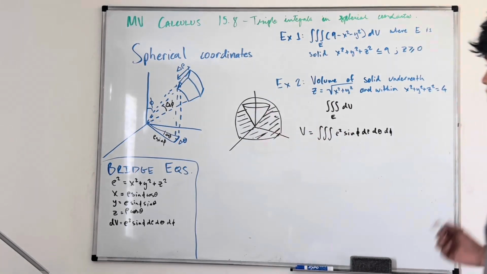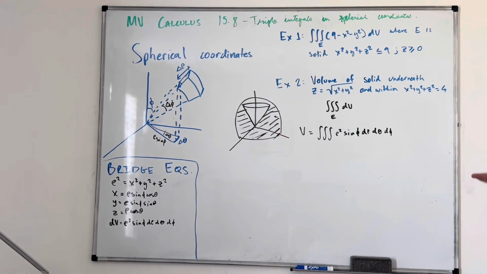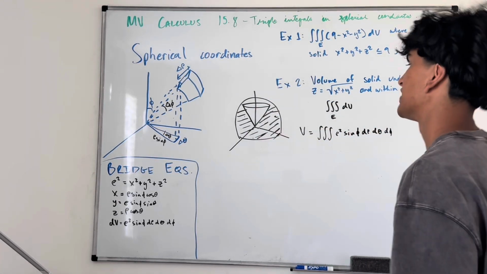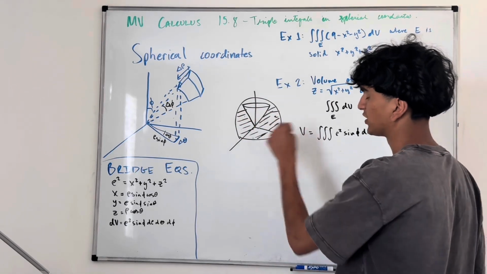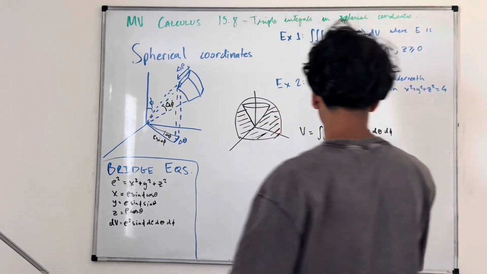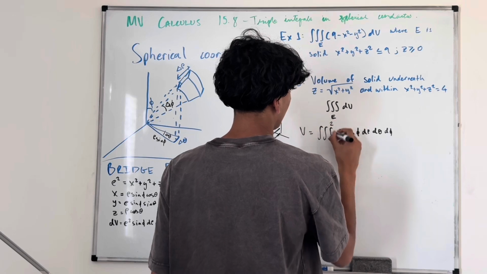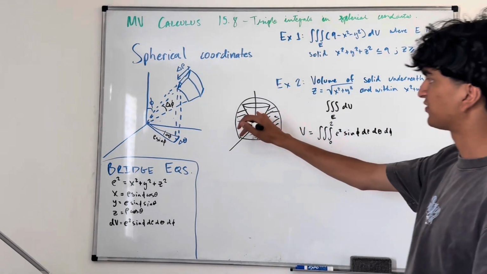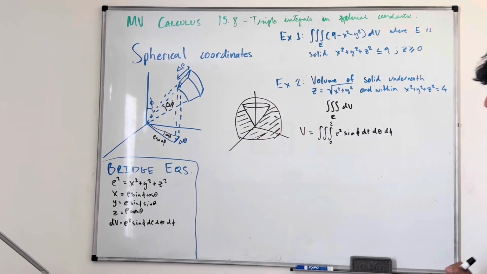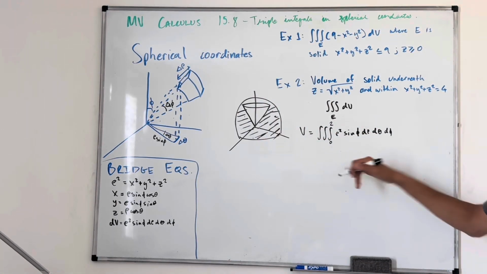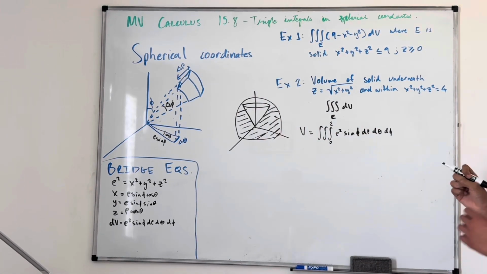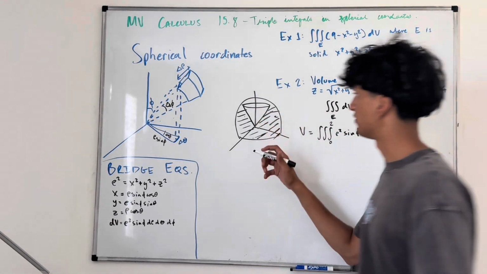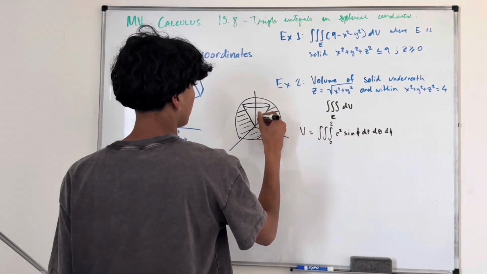But yeah, we're going to stop at this cone, but we're still integrating from 2 to 0. I know it's a little confusing because usually we're stopping at this surface, but we're going from 2 to 0 because really the condition that's constricting this is the phi, right? This is a constant phi.